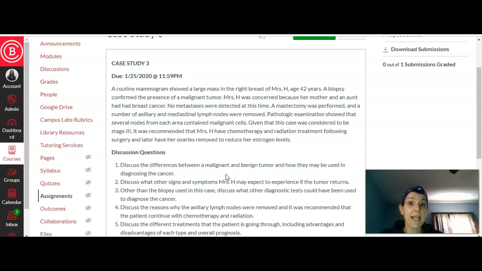There's a way for me to list comments, but on the other side of it, I can also highlight and leave thought bubbles and all kinds of different annotations on your physical document. So you can see things I've highlighted that say, hey, this was great, keep up this level of detail. And in other areas, I'm going to say, this is off to a really good start, but I think you could add A, B, and C. I'm trying to guide you. So if you go back to my comments, you can make your future posts that much better and get that much better of a grade.